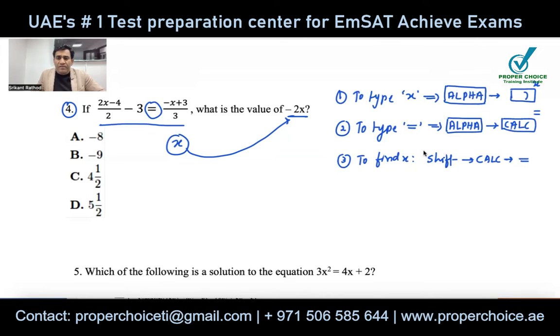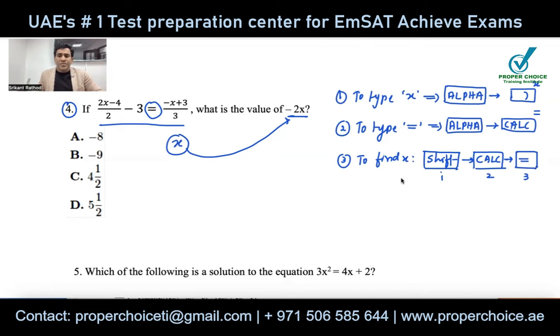First I press the shift button, that is my first step for solving. Second, I press the button calc. Third, I press the button equal, and whatever value you get after pressing equal will be the answer for x.